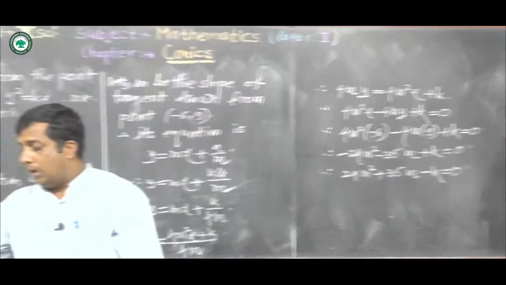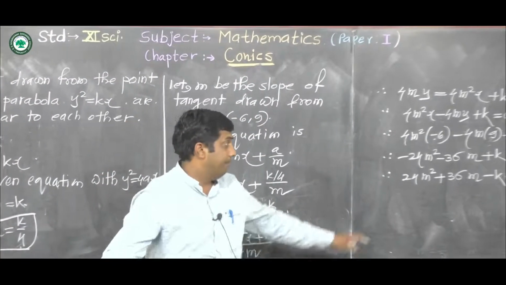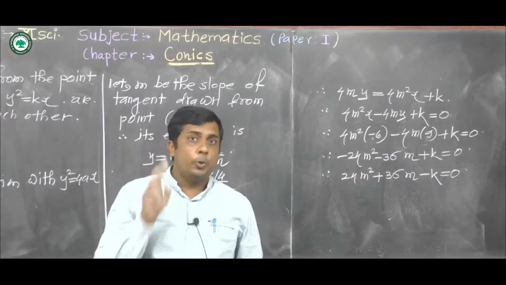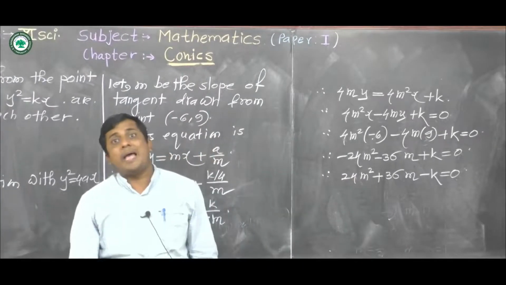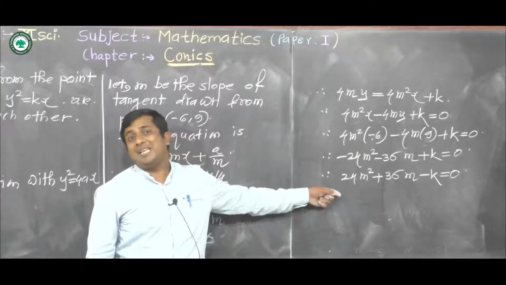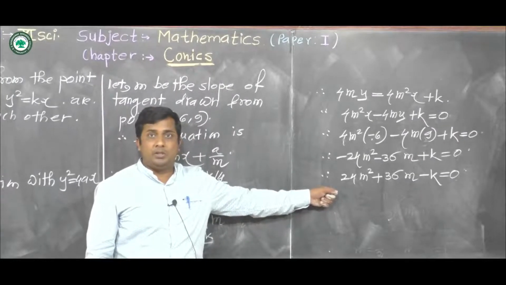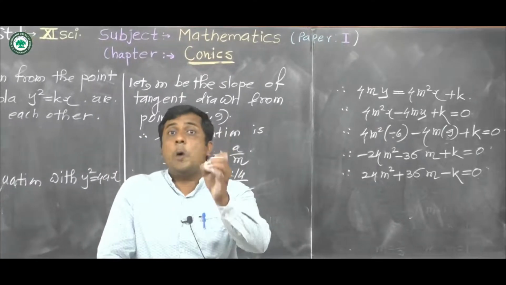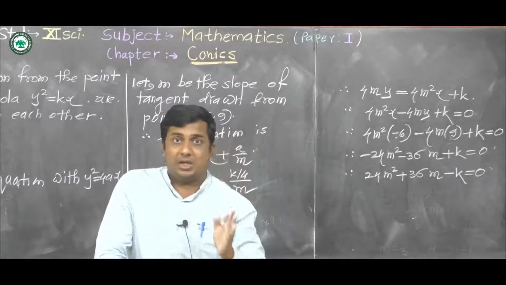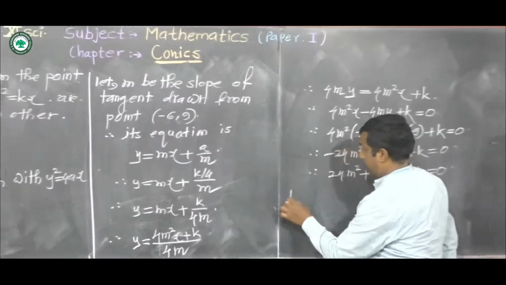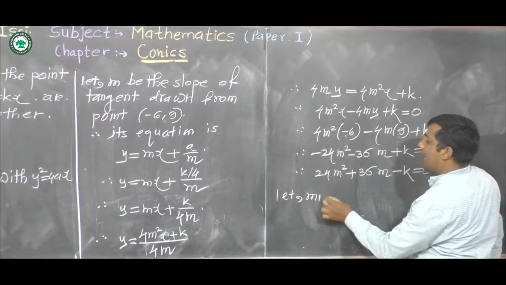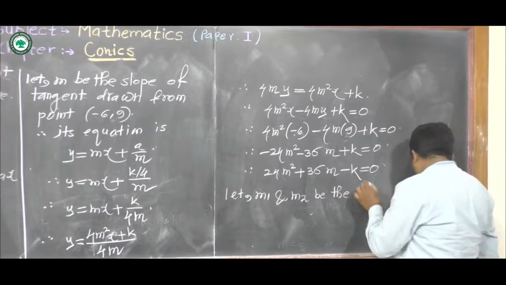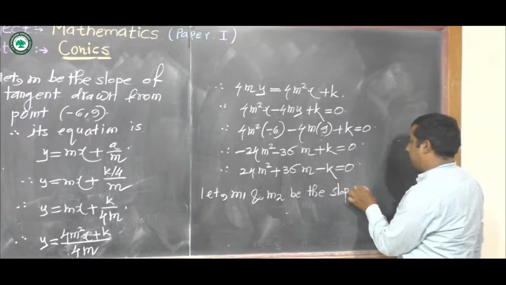Now we get a quadratic equation in m, so it has two roots. Let m1 and m2 be the roots of the given equation, which are the slopes of the tangents.